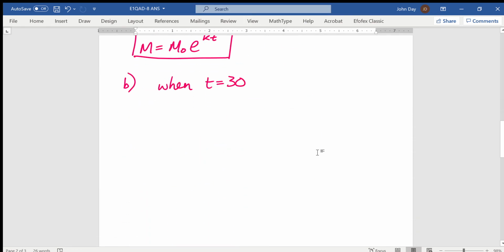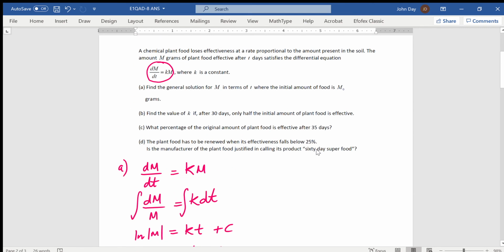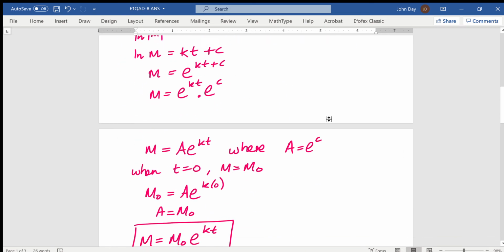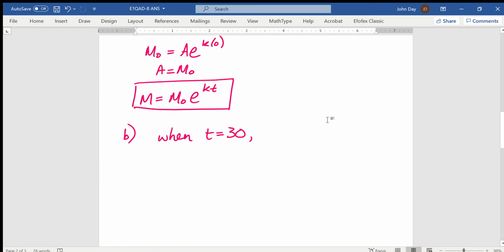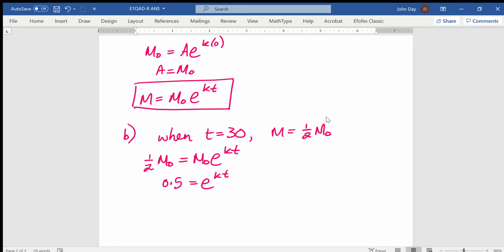So when t equals 30, M equals half of the original amount. So half of M naught equals M naught e to the kt. Divide by M naught, 0.5 equals e to the kt. And t is 30, isn't it?